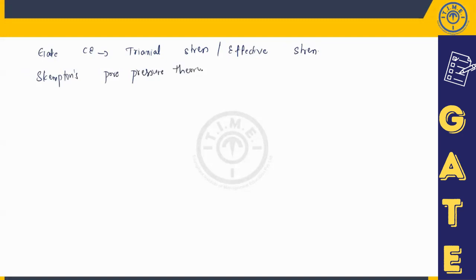So, in order to understand this, why does pore pressure develop? Pore pressure develops in undrained loading. In undrained loading, soil cannot change volume. There is no change in volume of soil.